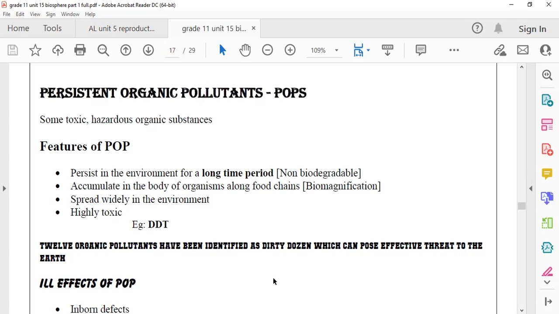Second, like heavy metals, POPs have a nature of accumulating through the food chain.